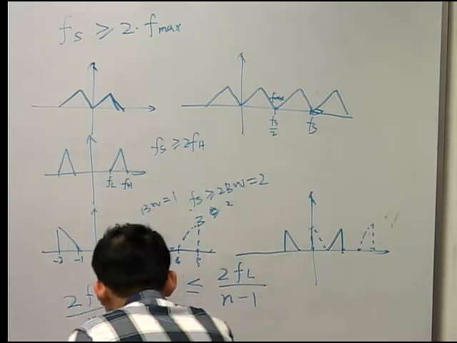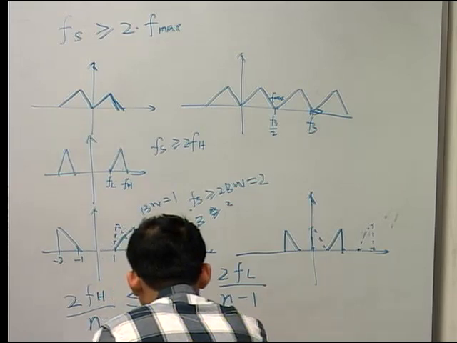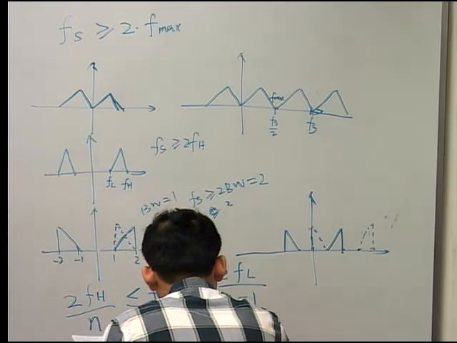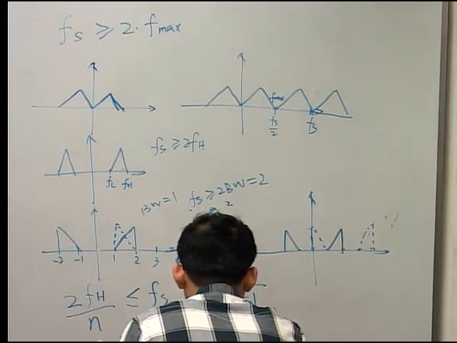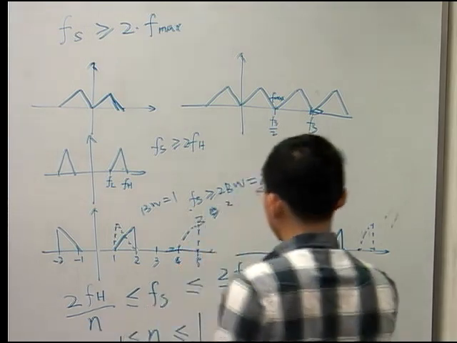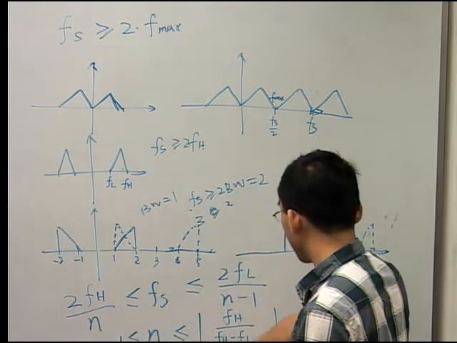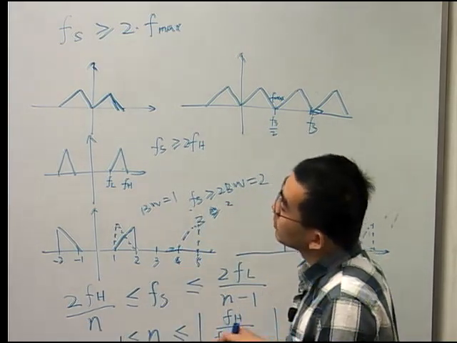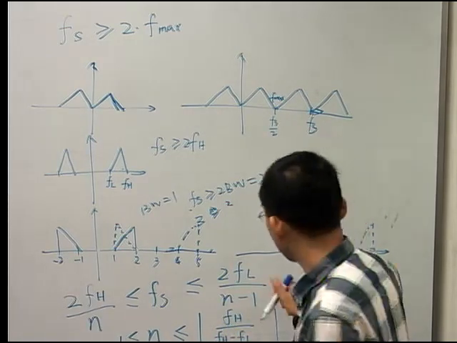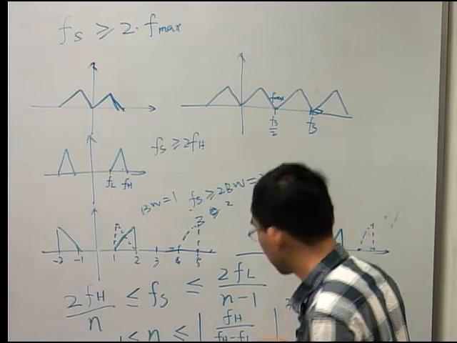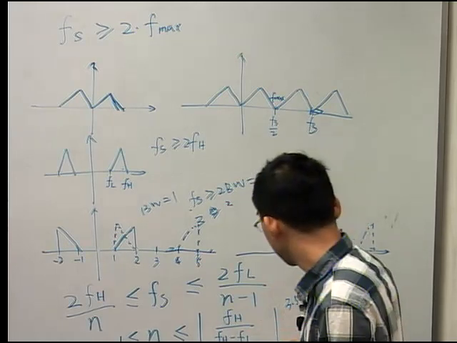And this n should be less than fh over fh minus fl. So you take the largest integer. For example, if this is 3.5, I take 3. This one.